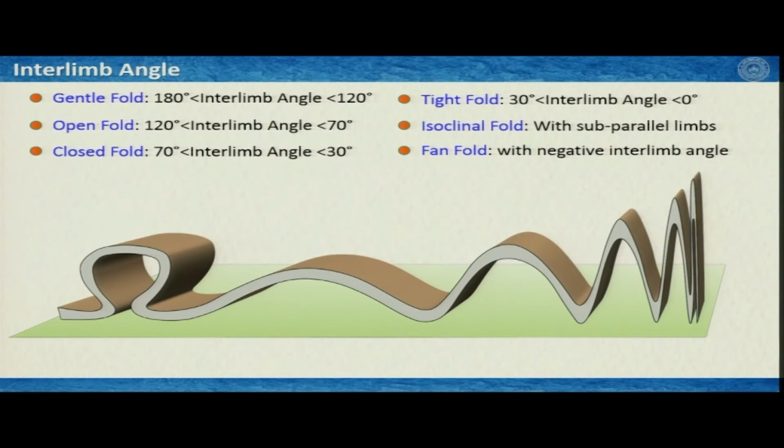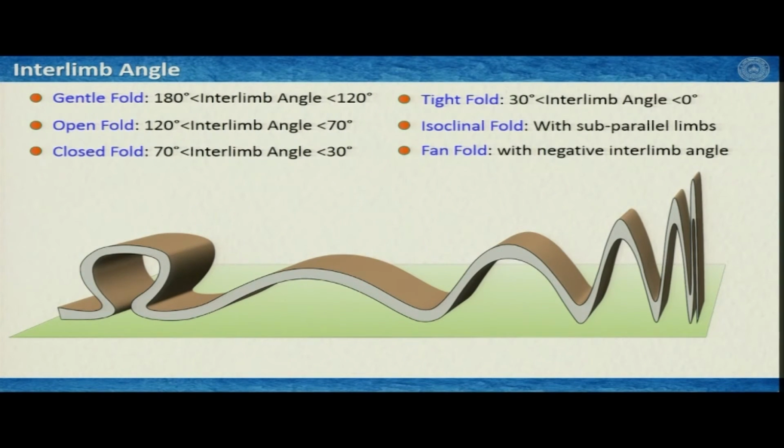If it is between 120 degrees to 70 degrees, then it is an open fold. We assign a fold as a closed fold if the interlimb angle is between 70 degrees to 30 degrees. A tight fold is where the interlimb angle is 30 degrees to 0 degrees or sub-zero.